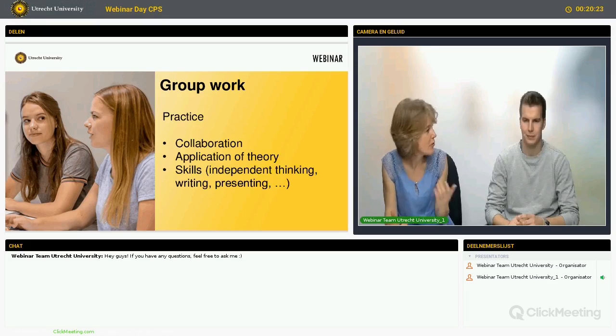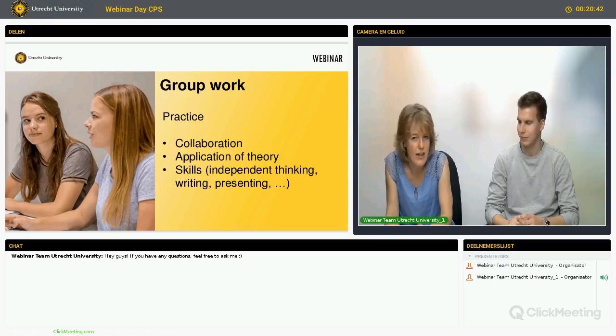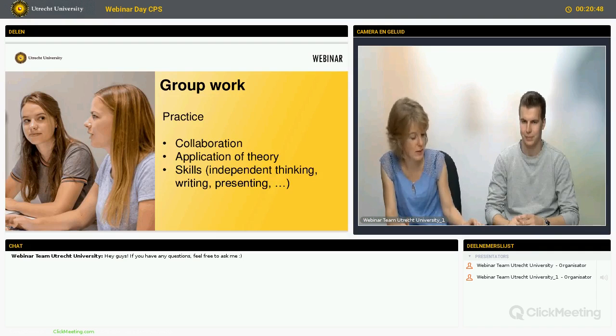Also, with the CSI, for example, there is a real problem, and you apply the theory to this murder case. So that's also a very nice way of studying. And you practice a lot of skills. You have to think independently. You have to write. You have to present your results. So we think that group work is very important.